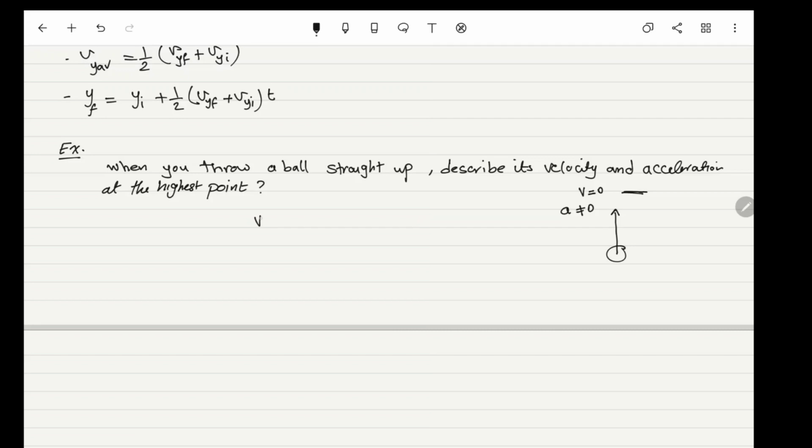So v at the maximum height equal to 0, and a equal to 9.8 meters per second square in magnitude, or a actually equal to minus 10 meters per second square.